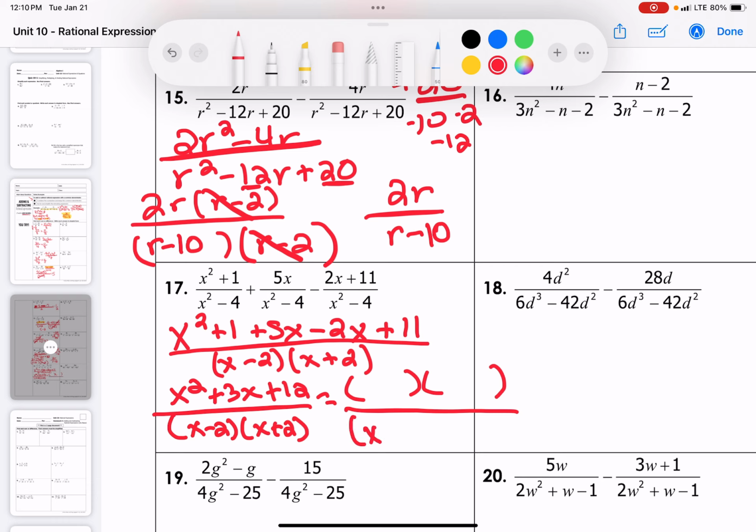So I'm going to keep that x minus 2 and x plus 2. Here's an x and here's an x. So two numbers that multiply to 12 but combine to give me a positive 3. 12, 6 and 2. Did I do that right? 5x and 6. Yeah, that's right. 4 and 3, 6 and 2.